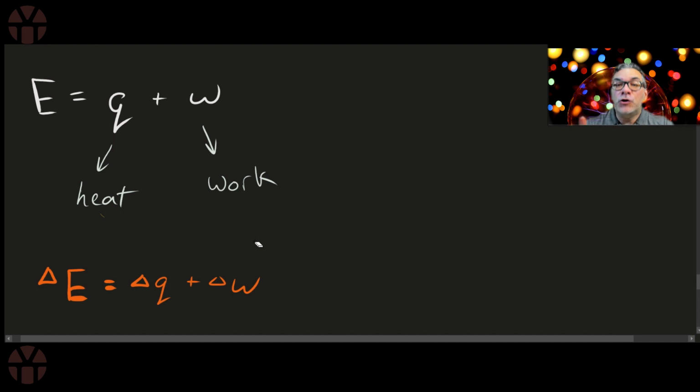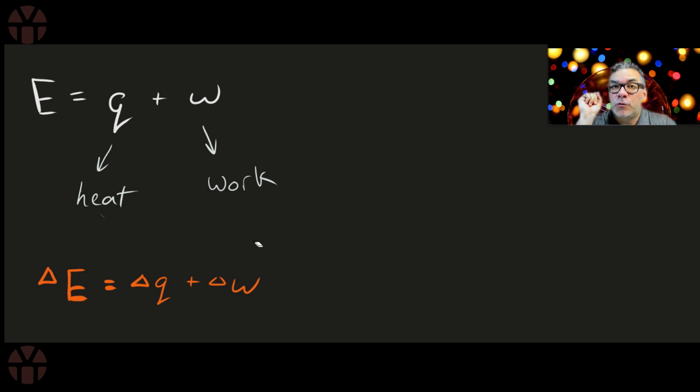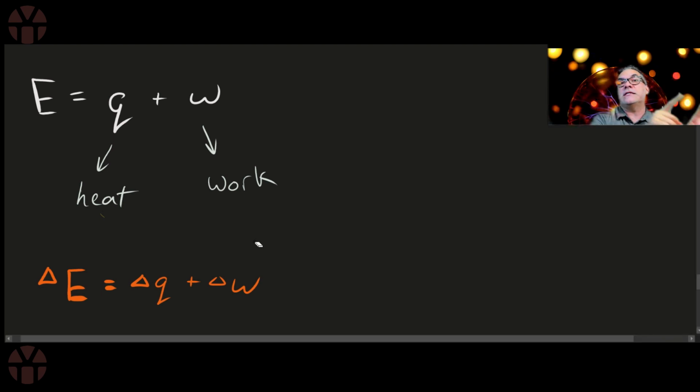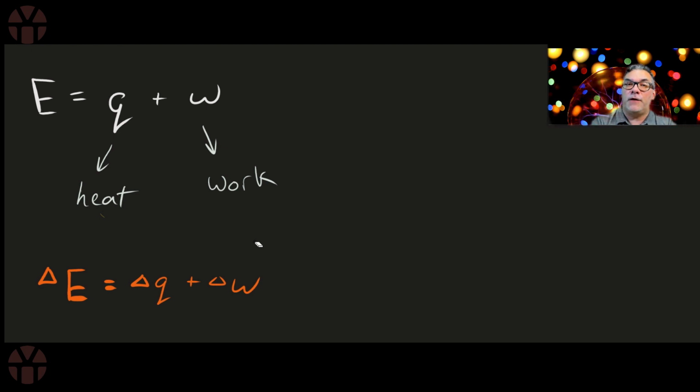And I can measure changes in internal energy, because then what I'm doing is assuming the first law of thermodynamics. Since energy cannot be created or destroyed, I can observe how it gets transferred between, let's say, the system and the surroundings, or one object and another object, one process and another process. Okay, so this is when we talk about changes in internal energy, this is often what we're dealing with.